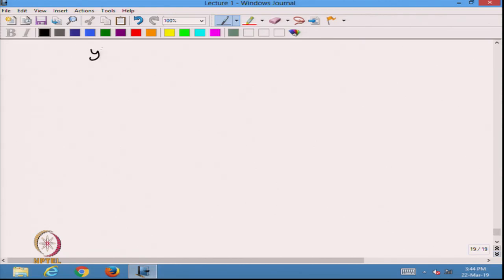Now my y dash can be written as u dash minus z dash over z square, since the derivative of 1 over z becomes minus z dash over z square.